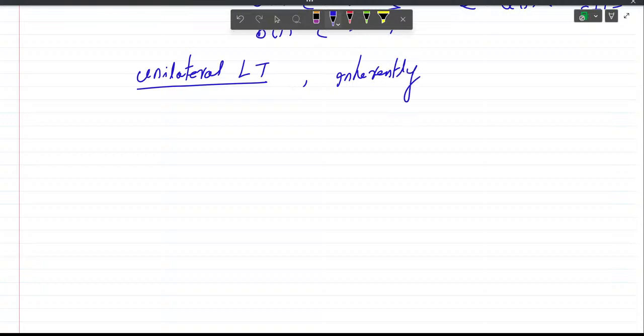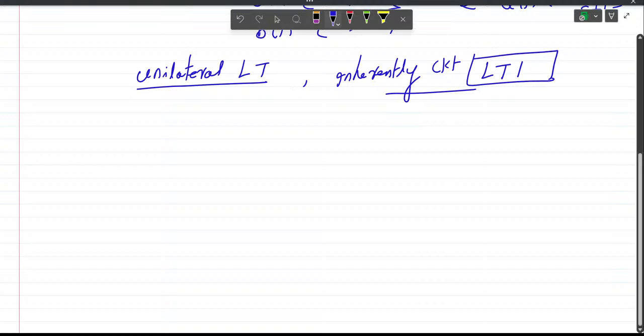Inherently, all the circuits we are analyzing are LTI, linear time invariant. They are composed of linear elements: inductors, capacitors, and resistors, and they are also time invariant. Time invariance in simple terms will be covered in your signals and systems course. But in very basic terms, suppose you have a system or network.